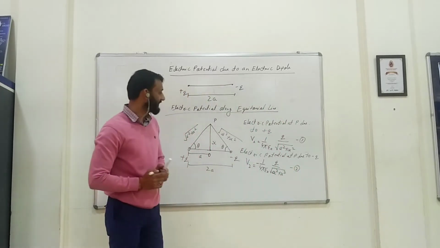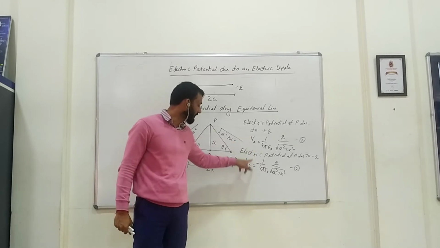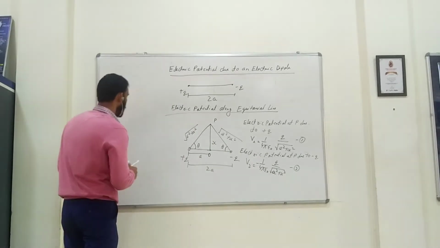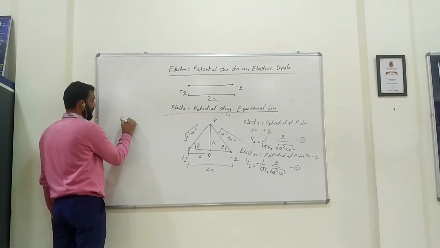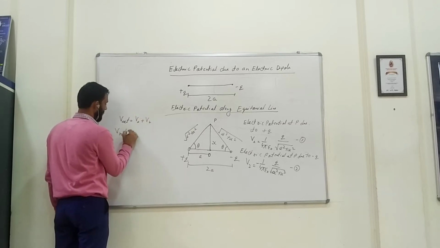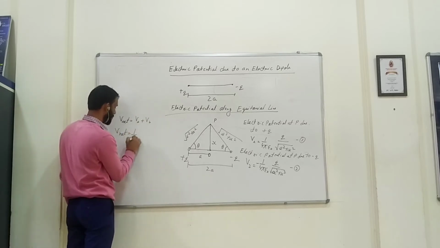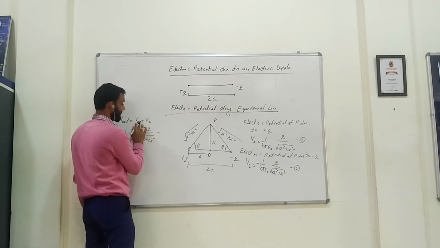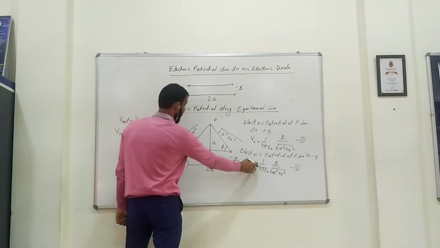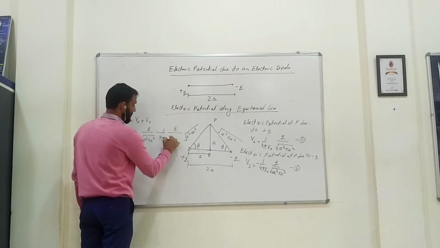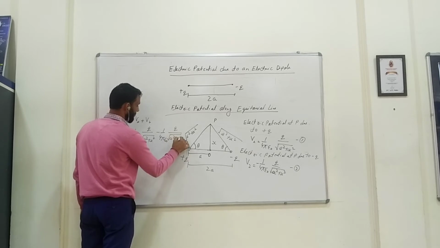Now from 1 and 2 you can see that these two are equal. The only difference is this negative, because this is the electric potential due to a negative charge. So what will be the net electric potential at P? V net will be V1 plus V2. If you add these two, 1 upon 4 pi epsilon naught q upon under the root a square plus x square, and then I add minus, because there is a minus there, minus 1 upon 4 pi epsilon naught q upon under the root a square plus x square.